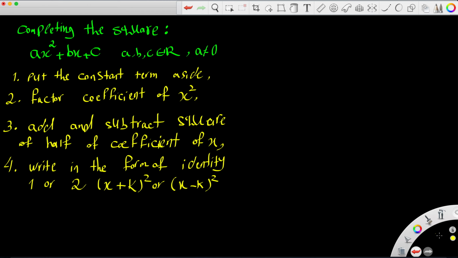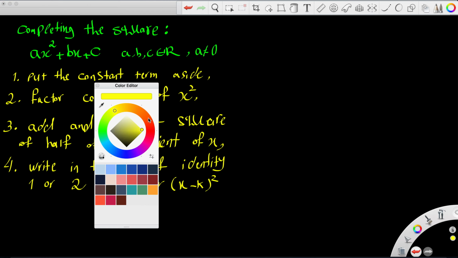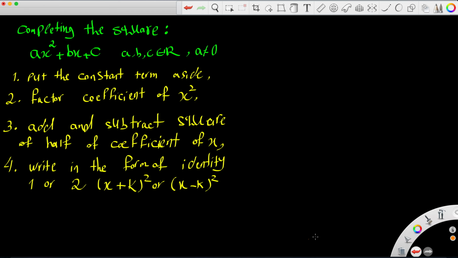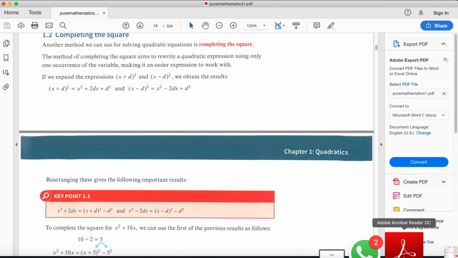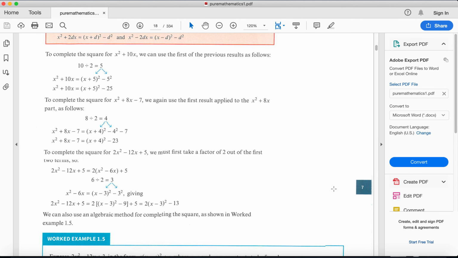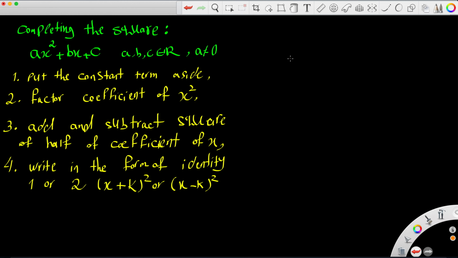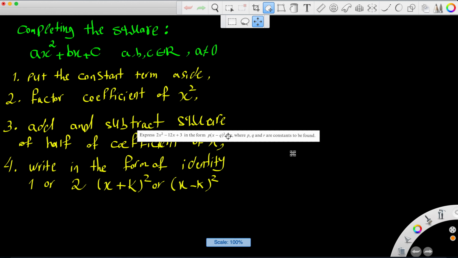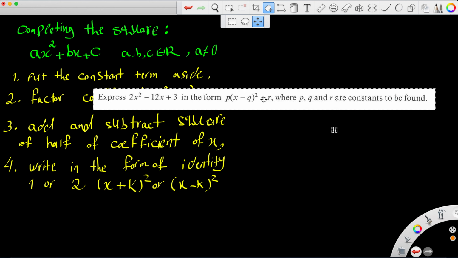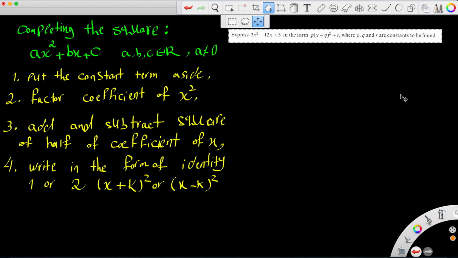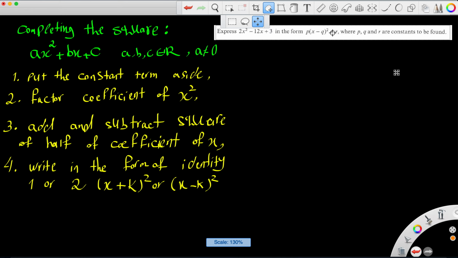Now, let's see an example here. Now I'm going to use the points I mentioned to convert this quadratic expression into completed d-squared form.